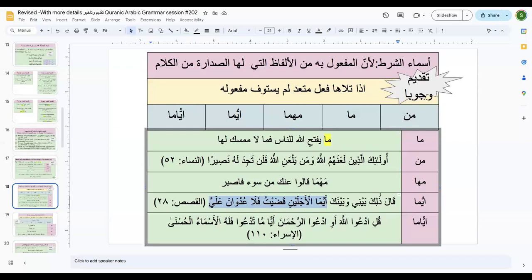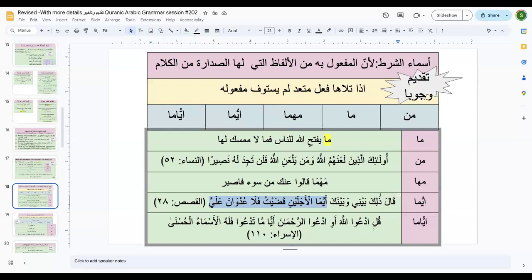Everyone with me so far? Why is أيما الأجلين going to be in the beginning? Because it has to be in the beginning, because this is from the words for which there is sadaratu min al kalam. Now, the last example in this category is going to be أيما.